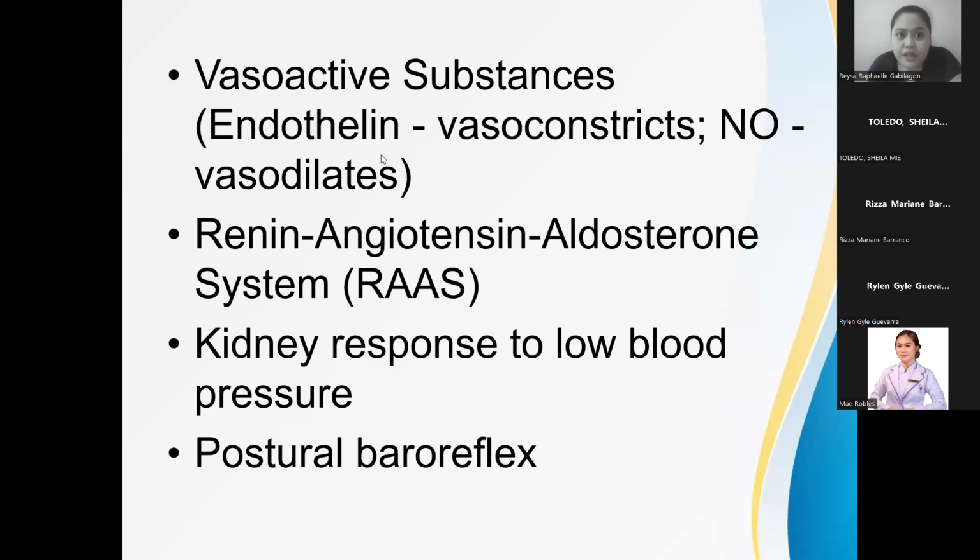So example, if our body produces a lot of endothelin, endothelin is a substance responsible for vasoconstriction. It can constrict our blood vessel, and you know if there is a constriction in the blood vessel, it will lead to the increase in the blood pressure. However, if our body produces a lot of nitric oxide, then there will be vasodilation.